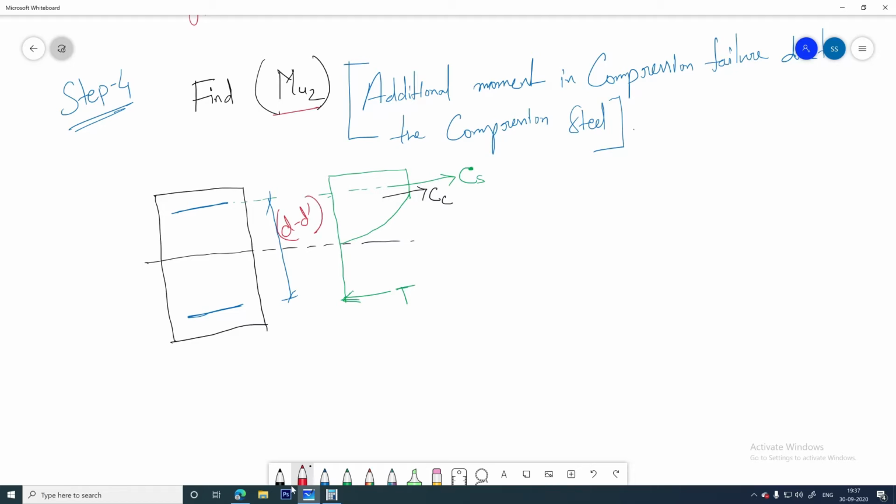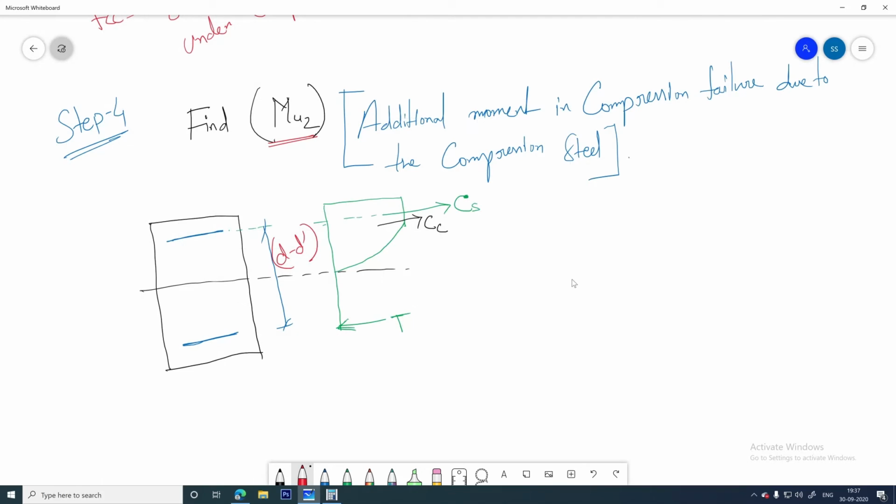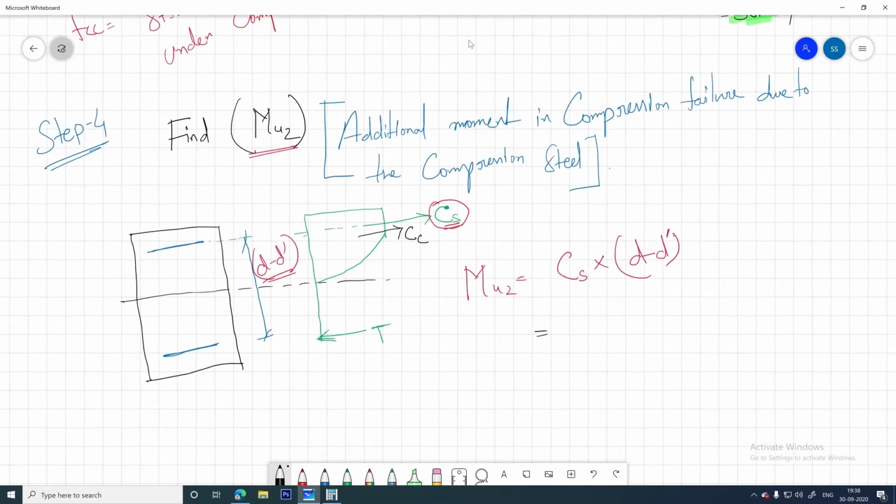So Mu2, when we consider, this is the additional moment in concrete failure due to the compression steel. That means we are considering this portion, that is CS. So what will be the value of Mu2? Mu2 will be this force CS into the lever arm, that is d minus d dash. And what is CS? Just previously we have written FSC into ASC.